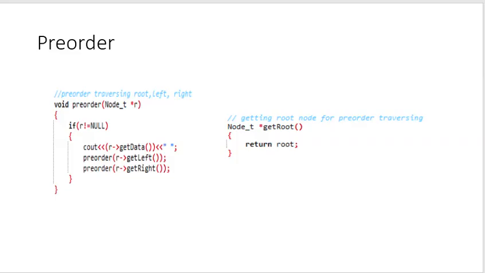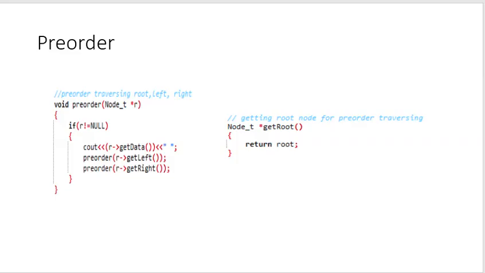For writing this function, void pre-order, you have to create a pointer r. If r is not equal to null, then r is first assigned to get data, meaning the root, and then the pre-order function is called on the left and then the right.